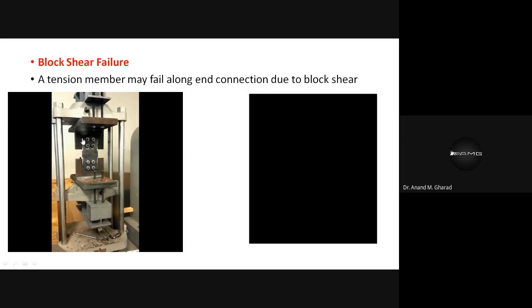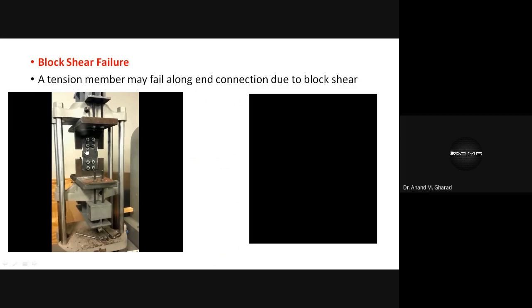They are present, and you can see this in this UTM. This portion of the plate or the connection is getting pulled in the upward direction. This is fixed. So the section which is subjected to the pull, it is this one and this one, right?